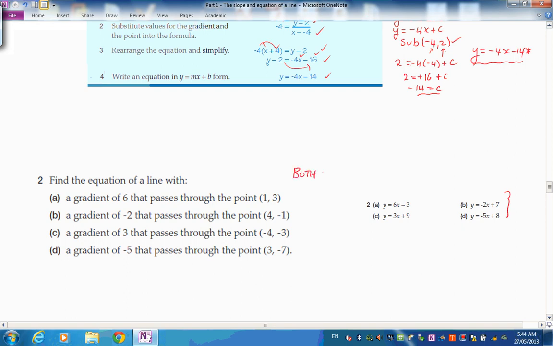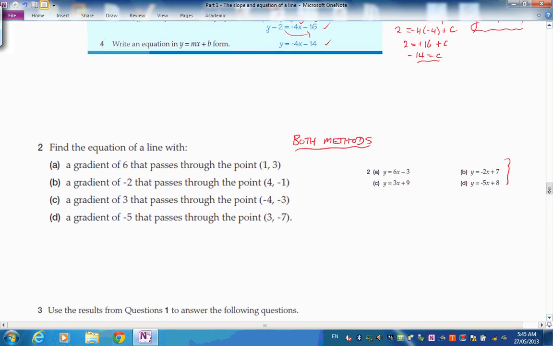I'd like you to try both methods in finding these equations. Okay, on each one. So you've actually got effectively 8 problems there. 4 problems done both ways. Okay, you might pause the presentation now and have a go. And then what we're going to do is to come on down and have a look at the rest of it. All right, let's go down now.